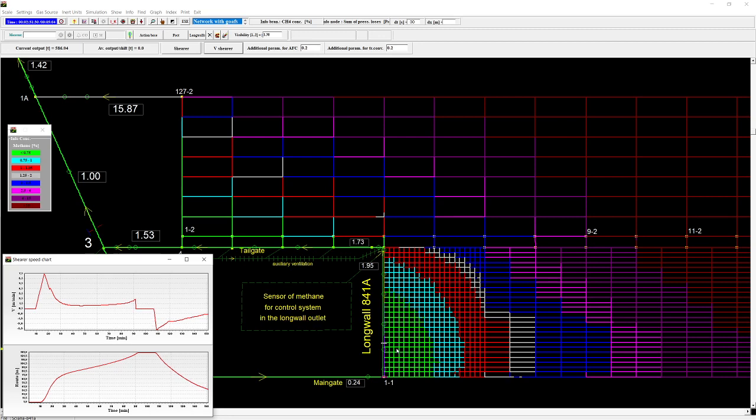So we can see the second cut closest to its end. However, the cutting speed is relatively low due to high values of the methane concentration.